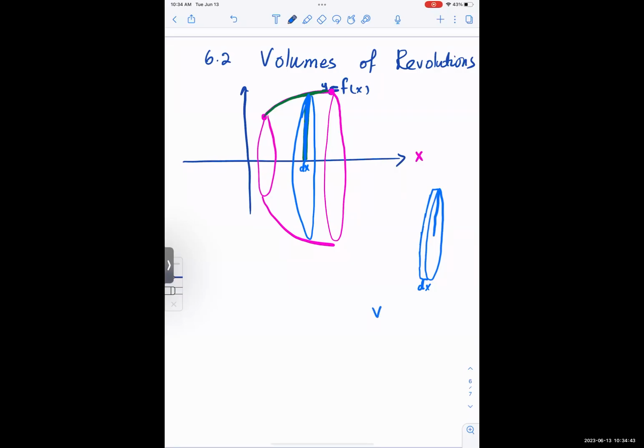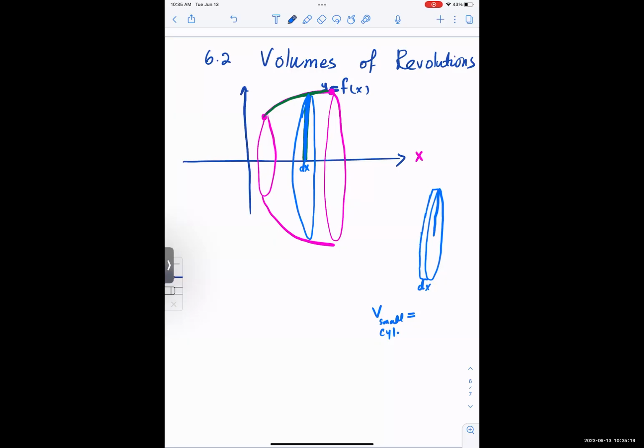So I'm going to find the volume of this small cylinder. If I find the volume of this small cylinder, then I'm going to add them all up to get the volume of the whole shape. So I'm going to start with the volume of the cylinder, exactly as I started with the area of that small rectangle.